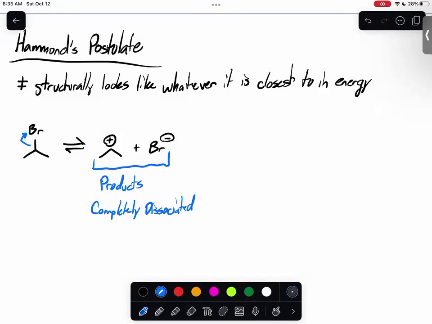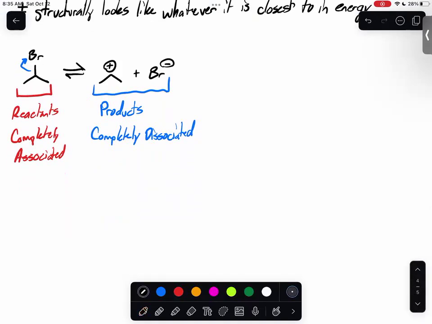It's going to be pretty far apart. Versus our reactants, those are completely associated. So essentially what that means is if they are completely associated and the transition state looks like it, the bond is going to be very close. Okay? And so that gives us two different possible transition states. We have one that is like the reactants, and we have one that is like the products.